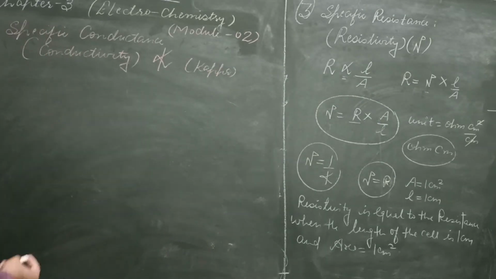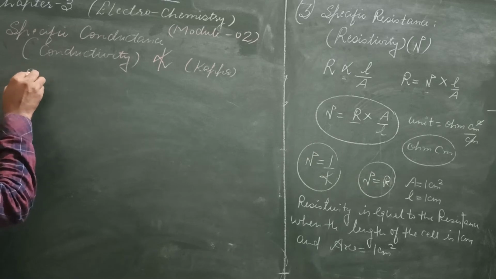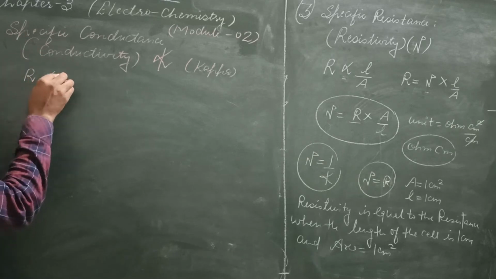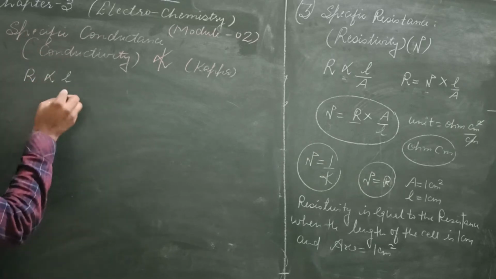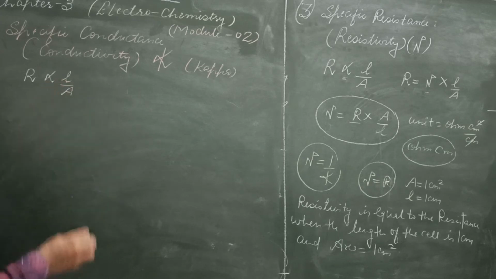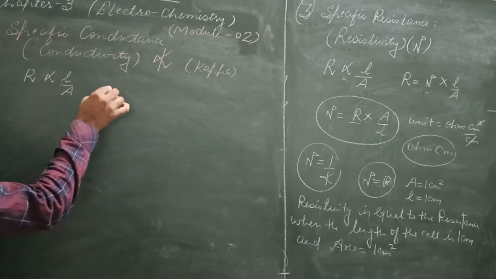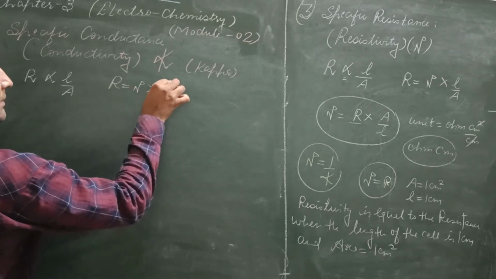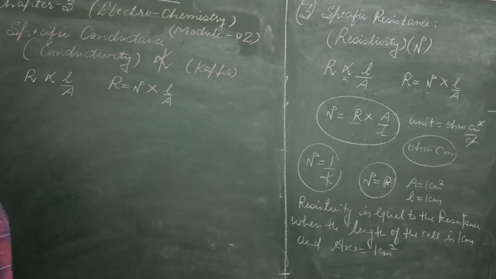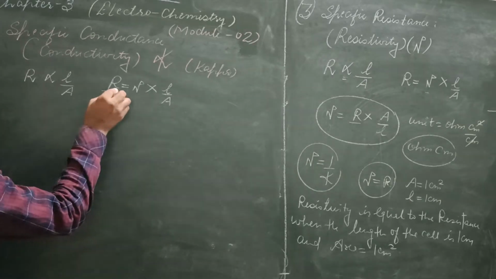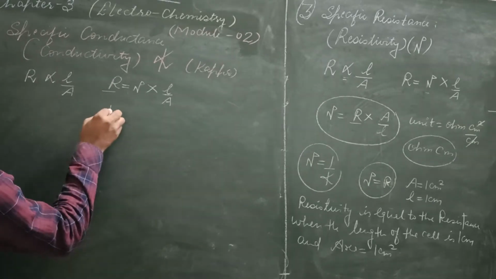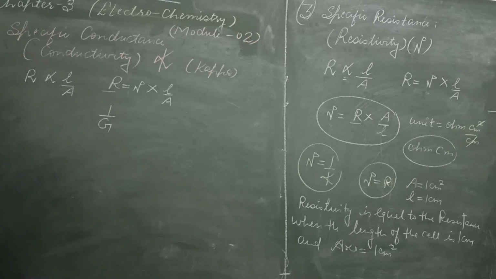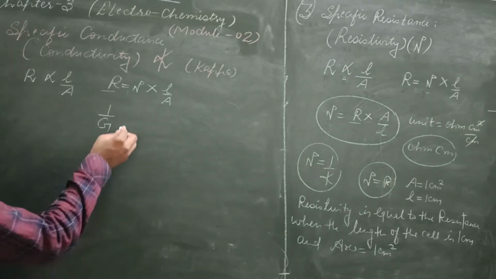From this particular aspect, as we have studied, R is directly proportional to length of the cell and inversely proportional to area of cross section A. R equals rho into L by A. The reciprocal of R, resistance, equals conductance.